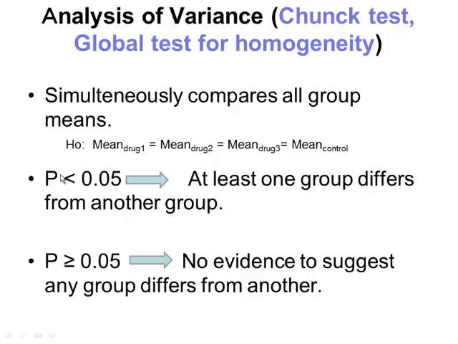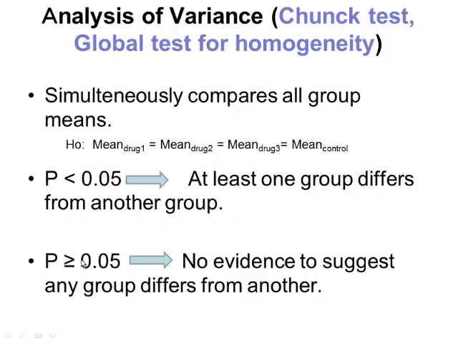So if the p-value for ANOVA is less than 0.05, by the way, ANOVA only returns 1 p-value, not the 6, just 1, because it's simultaneously examining whether these means are the same. So if the ANOVA p-value is less than 0.05, you reject the null hypothesis and conclude at least one group differs from another group.